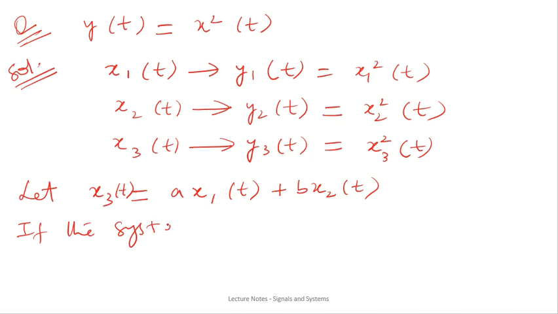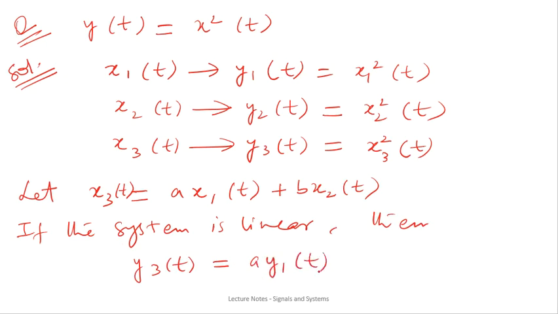If the system is linear, then the superposition property should be followed, and that means that this y3(t) should be equal to a times y1(t) plus b times y2(t).